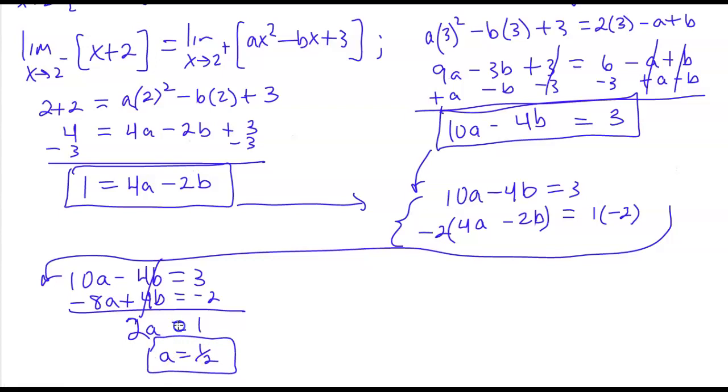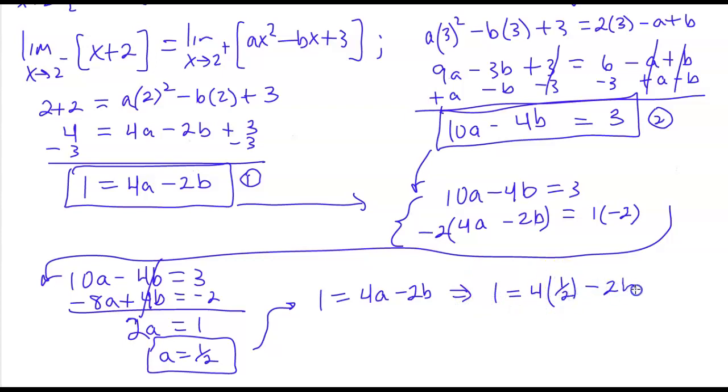Okay. Since we now know what a is, we can either use equation 1 or equation 2 to figure out what b is. I'll use equation 1. So here this will be 1 is equal to 4 times 1/2 minus 2b, which is 1 is equal to 2 minus 2b.